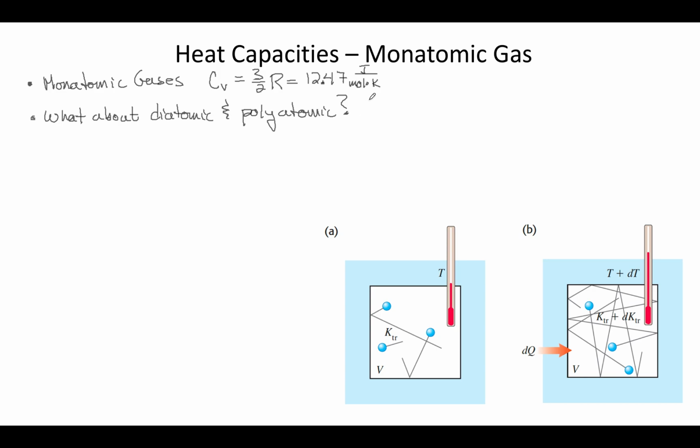An experiment shows that the C sub V is greater than 3/2 R. Significantly greater, around 20 or so joules per mole degree Kelvin. Why?